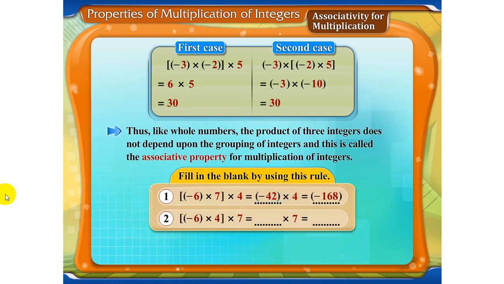Similarly, the answer of the second blank is negative 24, and multiplying it by 7, we get negative 168. In general, for any three integers a, b, and c, a multiplied by b multiplied by c is equal to a multiplied by b multiplied by c.